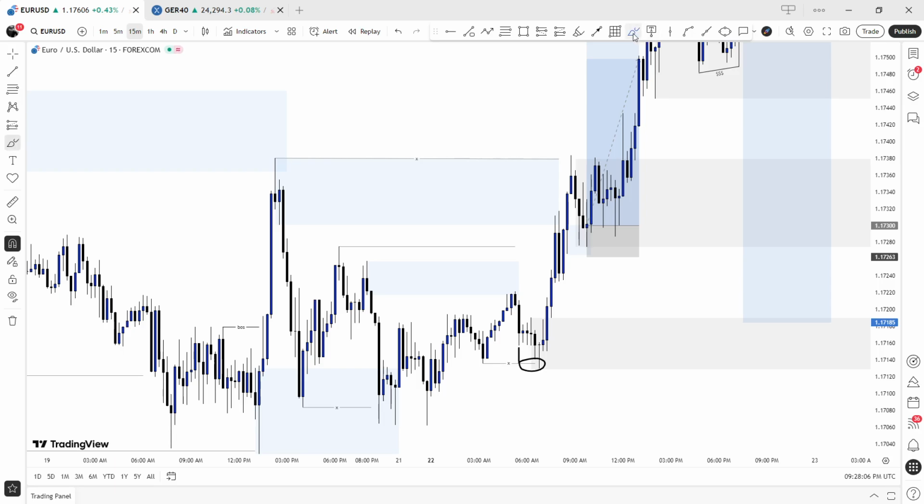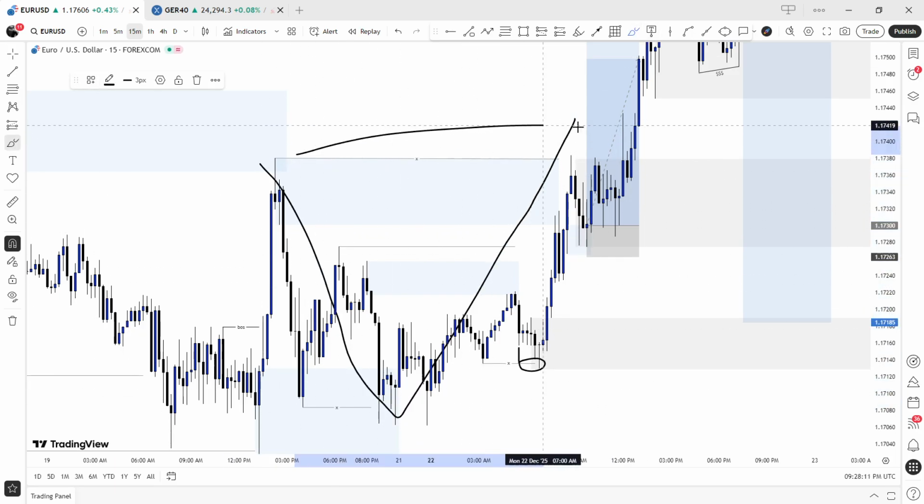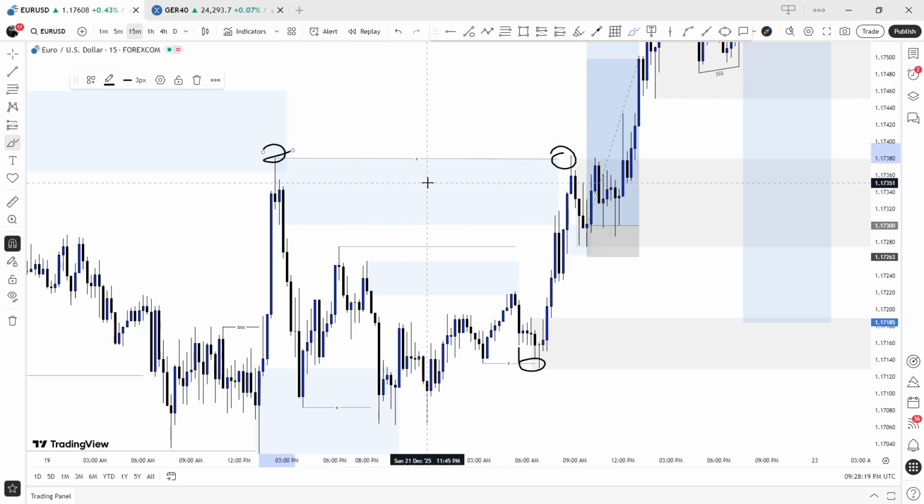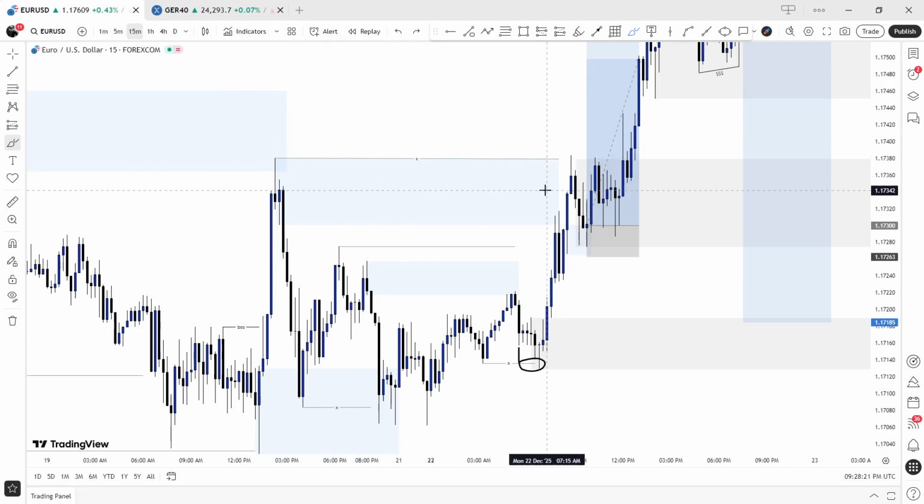So on the 15 minutes, what do we have? We have the break of structure over here. Now during the time that I was actually looking at this trade, the price hadn't closed above this high over here. We just came to sweep the high, and that gave us a rejection into the 15 minutes POI.